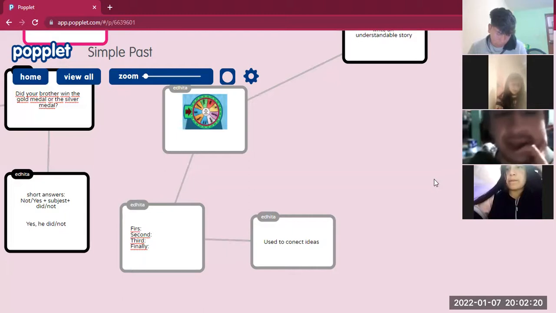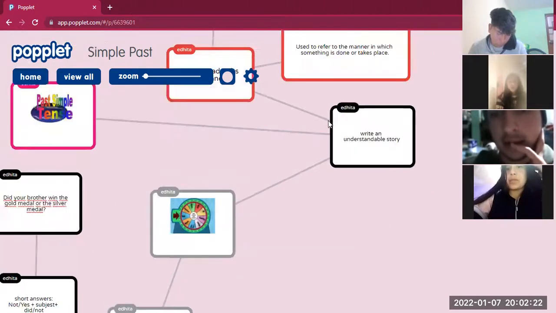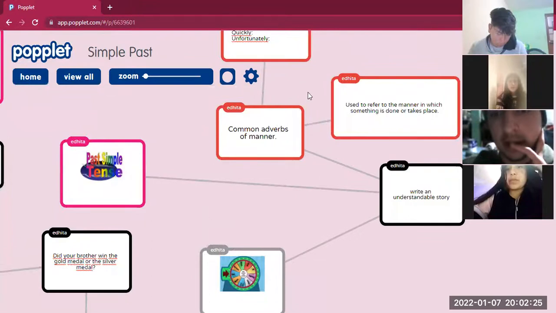Okay, let's continue. Now, as I told you, adverbs are very important at the time of telling a story because these adverbs make the story more interesting, enjoyable, shocking.